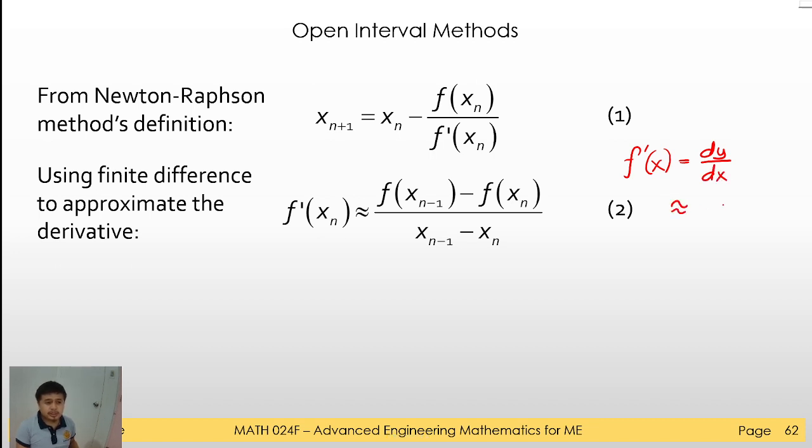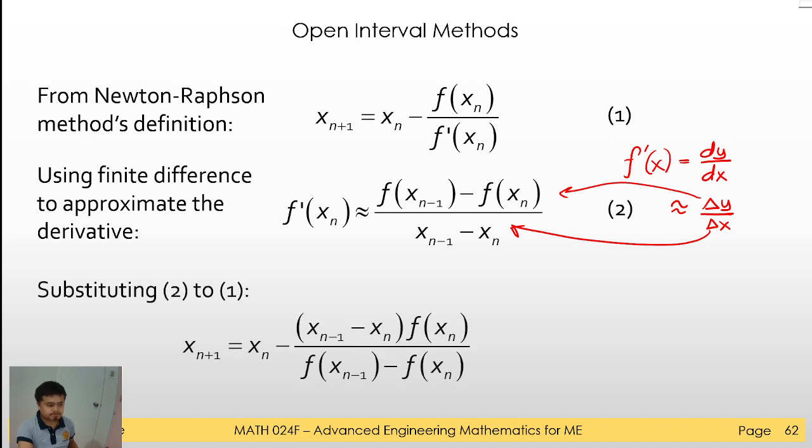But we could approximate this as the change in y over the change in x at discrete values. And also this change in y, basically the difference in f and the difference in x in the denominator. Okay, so we have already discussed this, and this is called the numerical derivative, just in an alternative format, no?